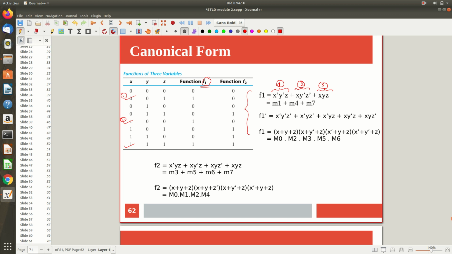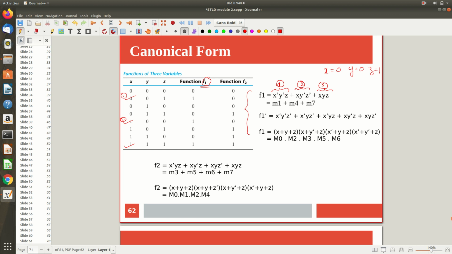Given any instance of x, y, z, 3 variables are there, I have 8 possibilities, right? 8 instances are possible. Each entry in the truth table I can call an instance. At a particular moment, what is the value of x, y and z? Now, give any of the combinations, you will get the correct value for the function. For example, if I am randomly giving x equal to 0, y equal to 0, z equal to, say, 1, and I know that in this case the function is evaluating 1.